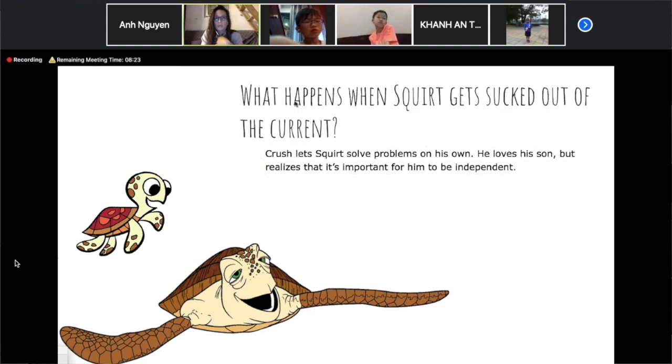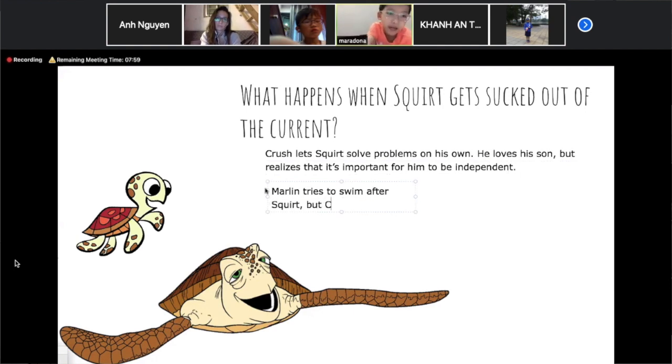Okay, so what happens when Squirt gets sucked out of the current? What does Marlin do when Squirt gets sucked out of the current? He swims after Squirt. Okay, and what does Crush say?